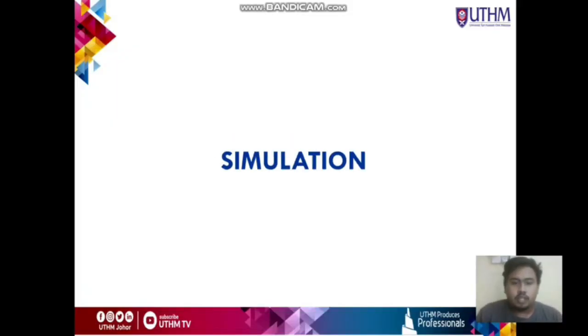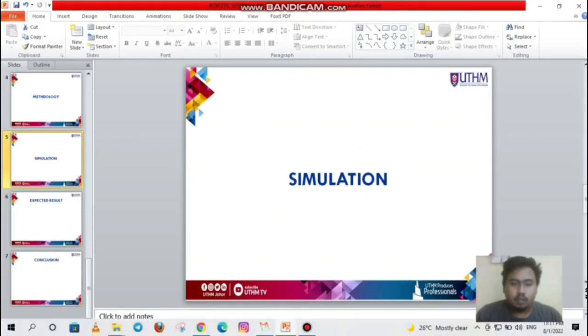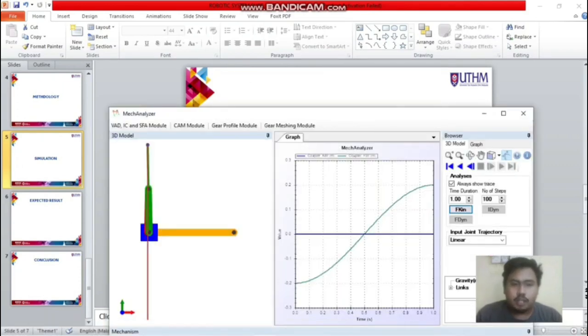For the simulation, our group doesn't have a solid work because the storage on our laptop is mostly full. So we do the 2D simulation only. We are using Mac Analyzer to do the simulation.